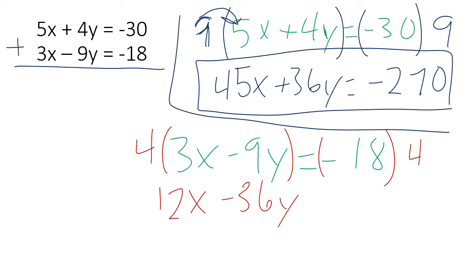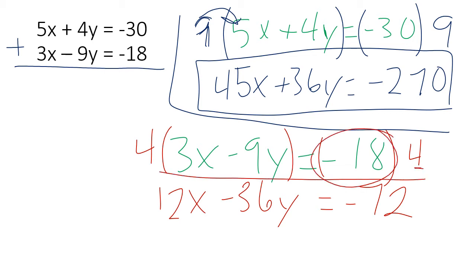So 4 times 10 is going to be 40, 4 times 8 is going to be 32, so 40 plus 32 is negative 72, negative 72 here, and it's negative because I'm multiplying the positive 4 by the negative 18 here. So this equation will also work for us.